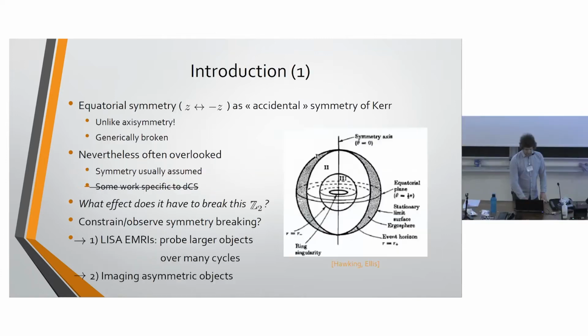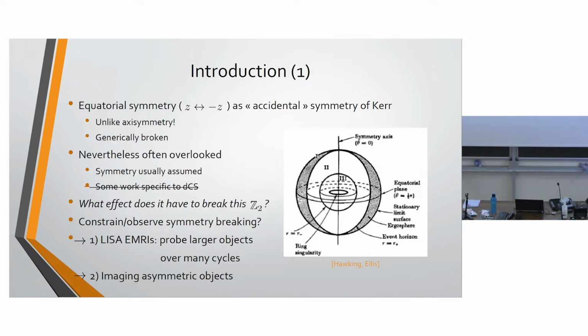Okay, good. Let me introduce what equatorial symmetry is. This is a symmetry of Kerr. If you write down the Kerr black hole, it has a bunch of symmetries, the ones that I think we all study very rigorously when we learn the Kerr black hole in kindergarten: axisymmetry and stationarity.